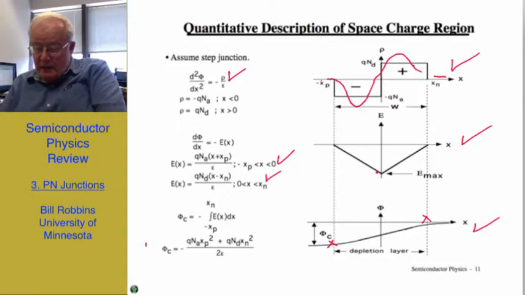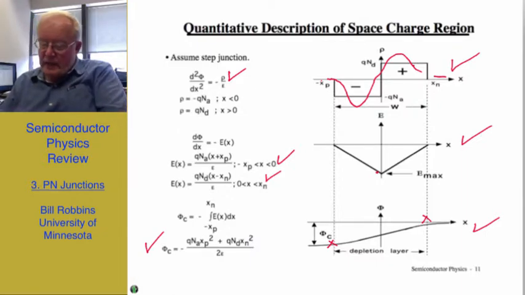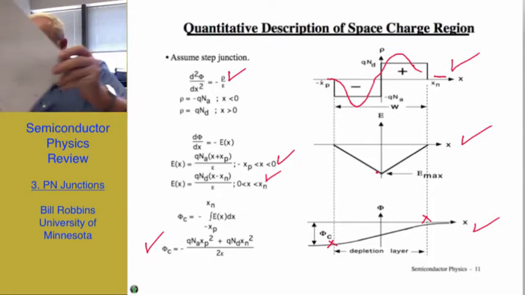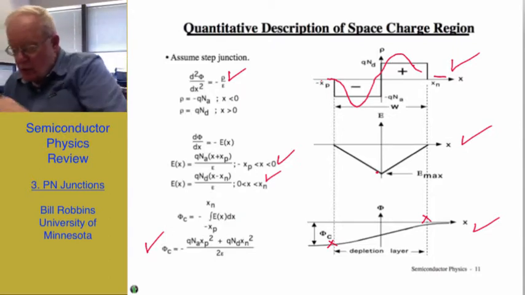And here is the contact potential in terms of the variables of the problem. You'll notice that I can't quantitatively yet estimate what phi sub c is. Even though I know the doping densities, I do not know what x sub n is. So we need some further information in order to do that.